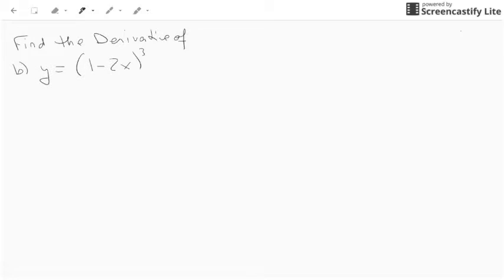Now, let's maybe expand that first. So y is going to equal 1 minus 3 multiplied by 2x, plus 3 multiplied by 4x squared, minus 8x cubed.